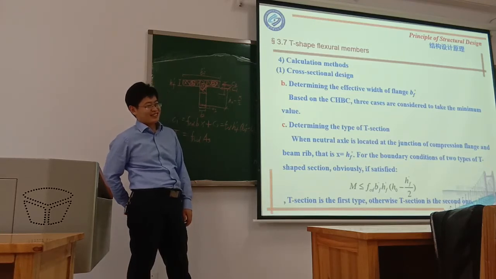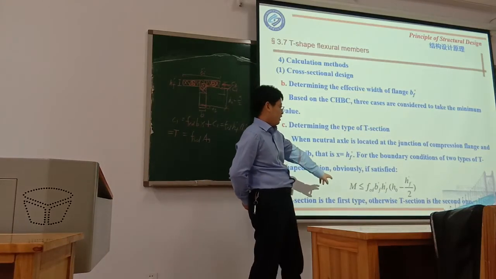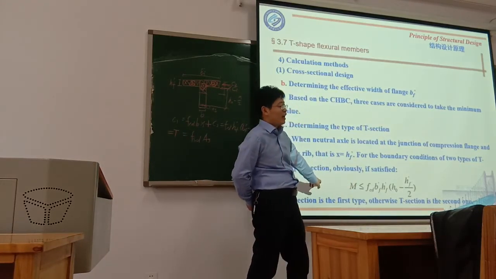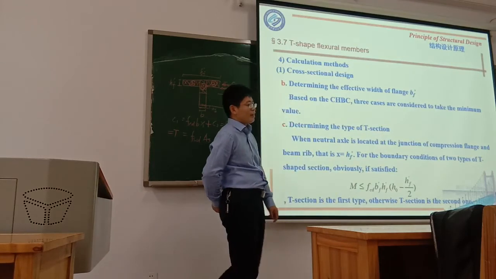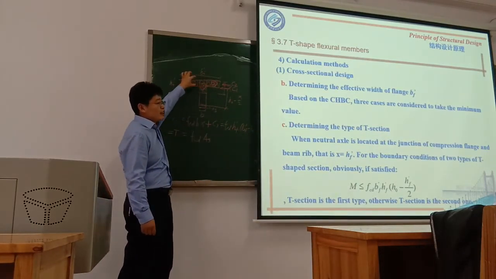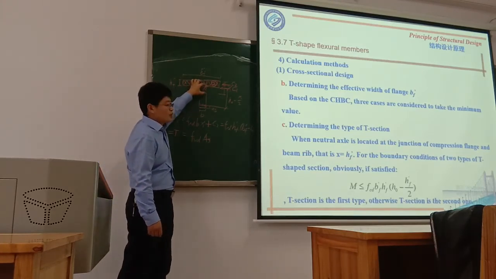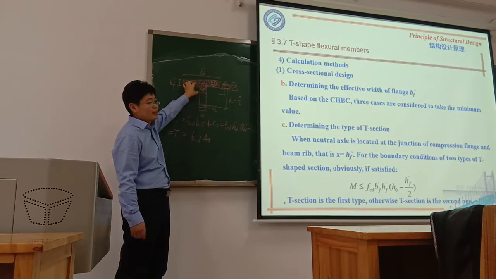If MU is smaller than gamma 0 MD, that means only this flange in compression is not enough. Part of this ring also should be in compression.